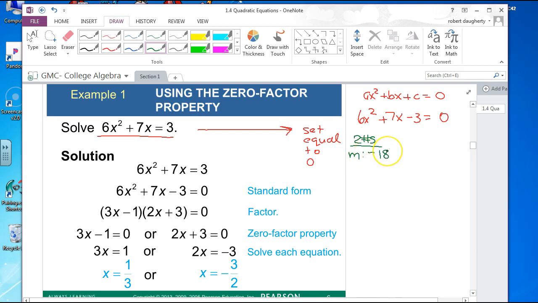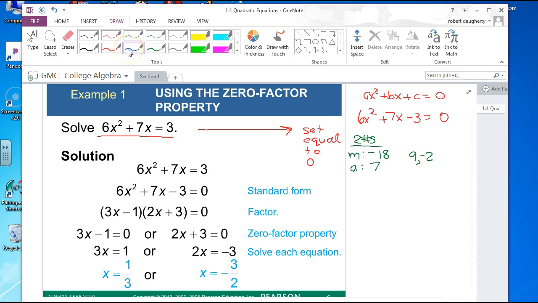So two numbers that multiply to give me -18, and when I add those numbers, I get +7. So what numbers can multiply to -18 and add to give me a 7? It looks like a 9 and a 2. If the 9 is positive and the 2 is negative, those numbers add to 7. Those numbers multiply to -18.